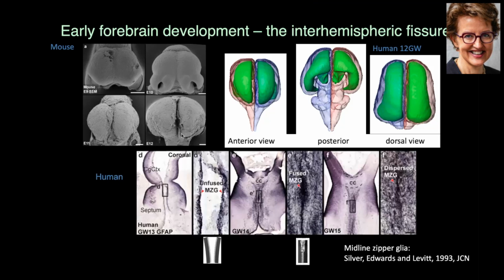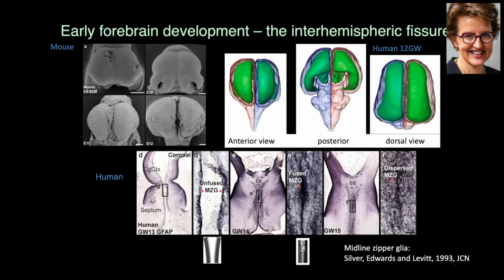If we section developing human fetal brains at different stages, you can see here gestational weeks 13, 14, and 15, and we've stained these sections with GFAP. Here you can see an unfused interhemispheric fissure, and here you can see a fused interhemispheric fissure.